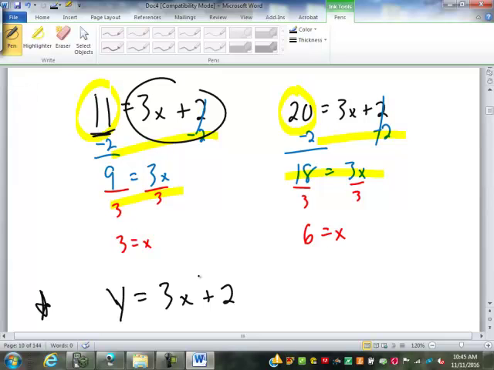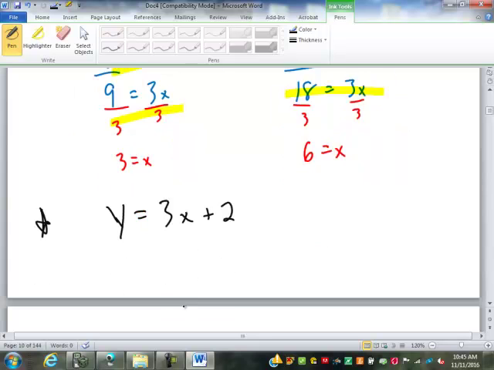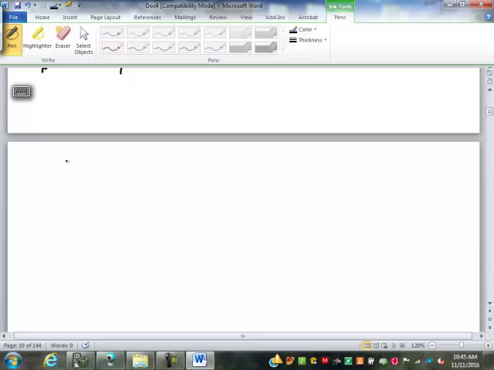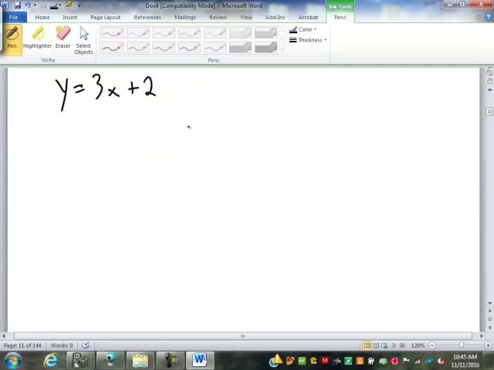And I can solve that whole family of equations all at the same time. Or I can at least display the solutions for that whole family of equations all at the same time. And the way I'm going to do that is with a graph. In order to graph it, though, I'd have to figure out where to put this on the graph and what shape it's going to be. So to do that, I start out with a table.